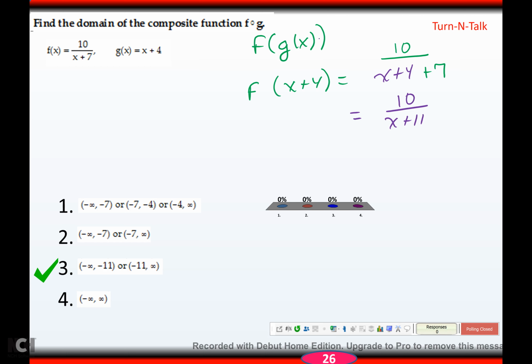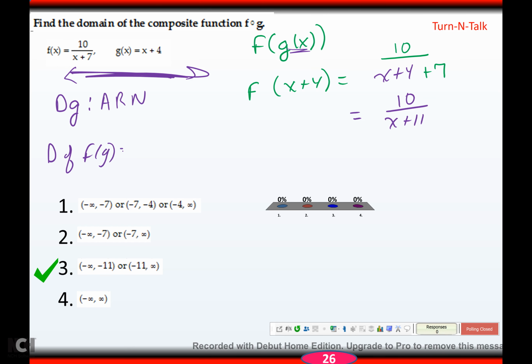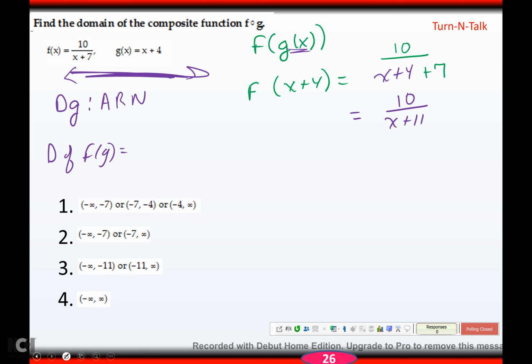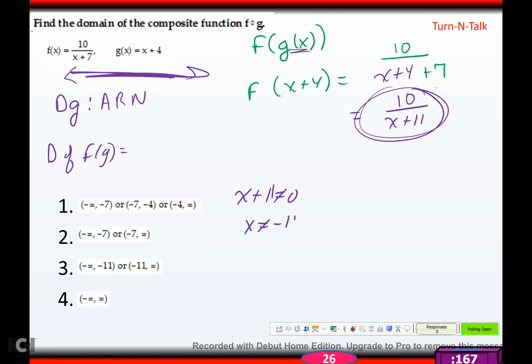Alright, so to find this, since g is on the inside, I need the domain of g, which would say there's no drama in g. There's no fraction, no radical, so that's all real numbers. Everything works. Then the composition has this denominator, which is going to say that x plus 11 may never equal 0, so x may never equal negative 11.